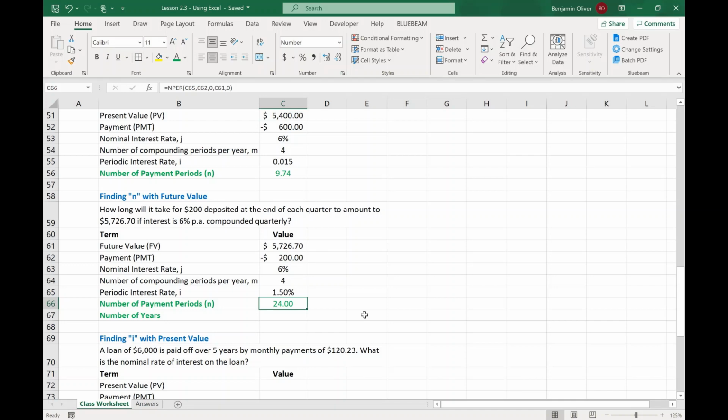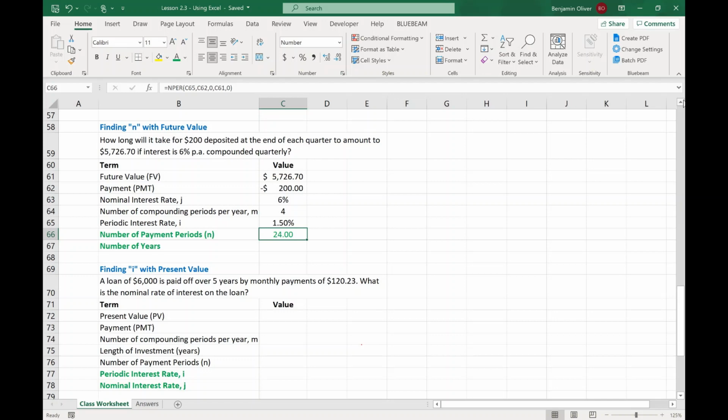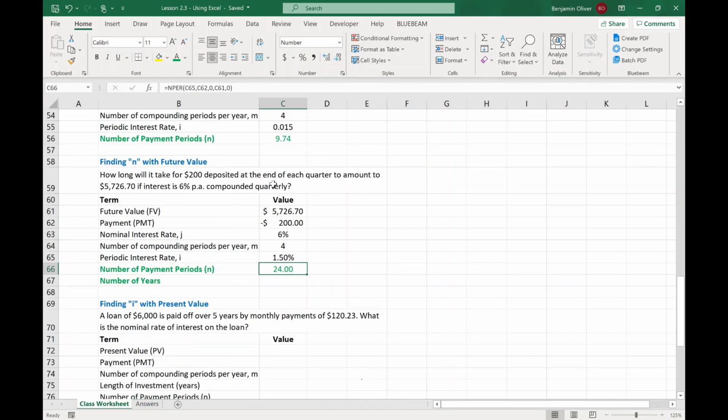Now, that's the number of payment periods. That depends on, scrolling back up, how often it's compounded. This is compounded quarterly. So if we wanted to find the number of years, okay, we could say it's equal to our number of payment periods divided by how many times per year we pay, which is our number of compounding periods per year.